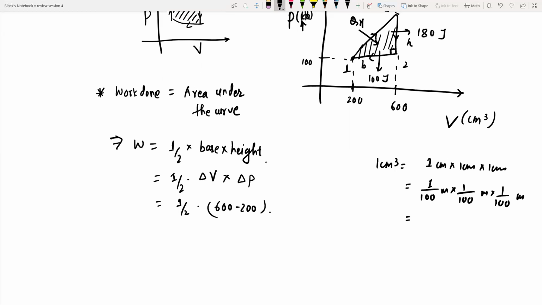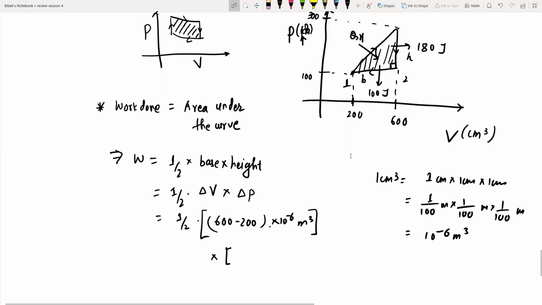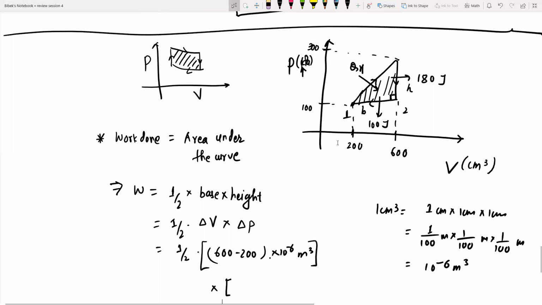And that is your 10 to the negative 6 meter cube. Times 10 to the negative 6 meter cube. That's your delta V. And the other thing that you need to look at is delta p. That is 300 minus 100.